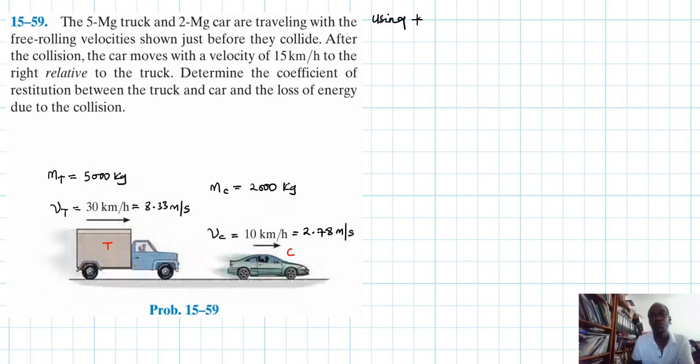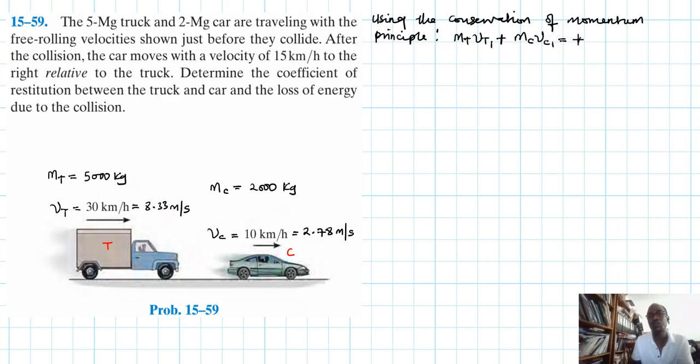Using the conservation of momentum principle, we know that mT VT1 plus mC VC1 is equal to mT VT2 plus mC VC2.